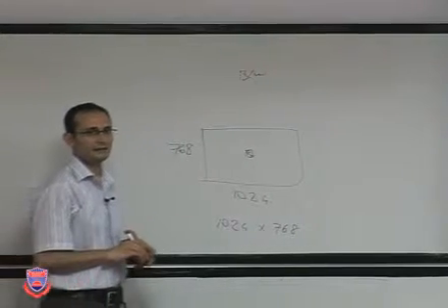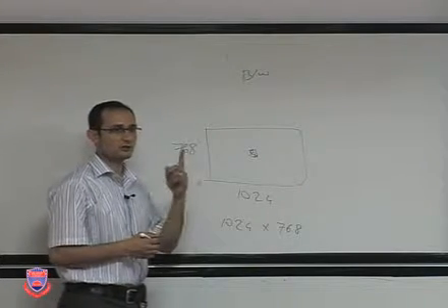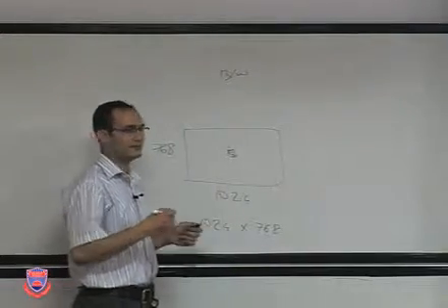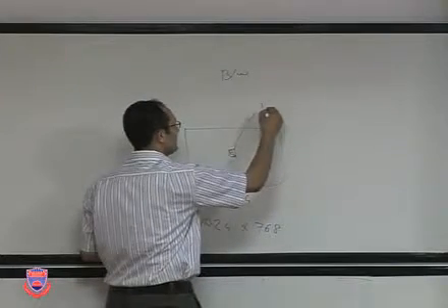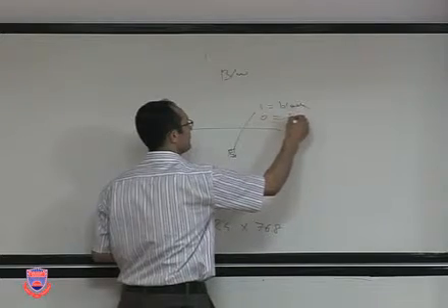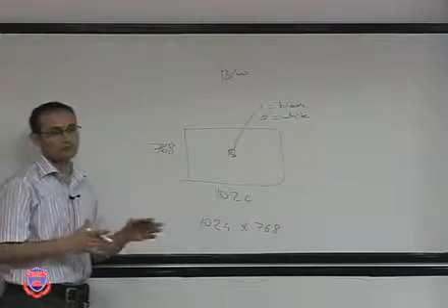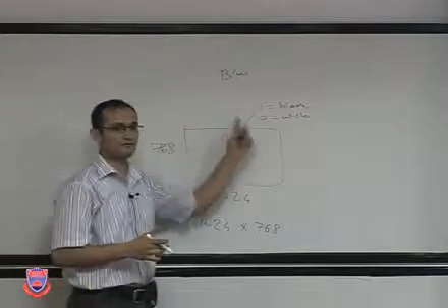If I only have either black or white, it is sufficient to use only one bit for each pixel, right? If it is 1, it is going to be black, let's say. If it is 0, it will be white. If it's a black and white screen or black and white image, 1 bit will be sufficient.